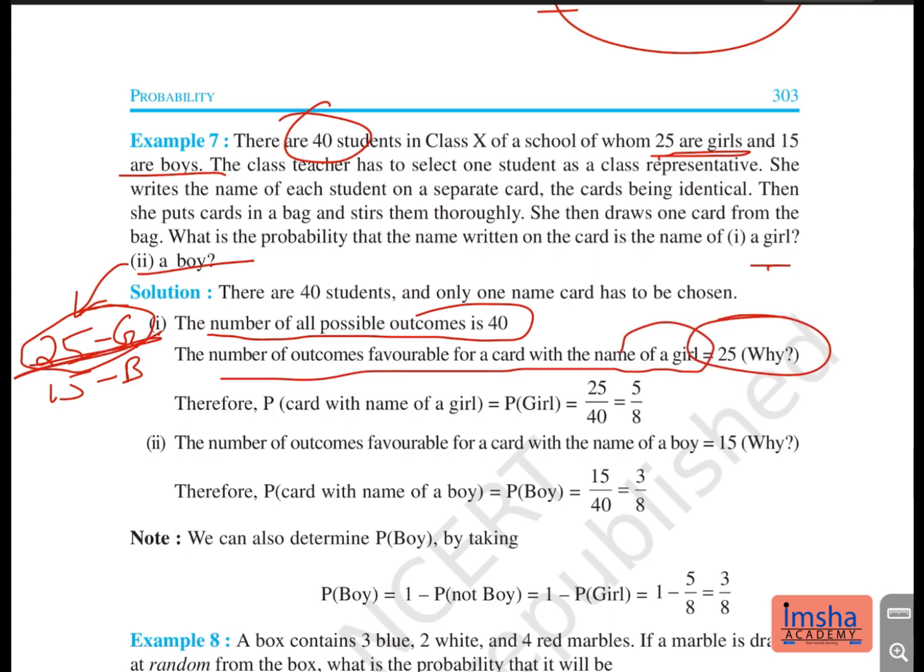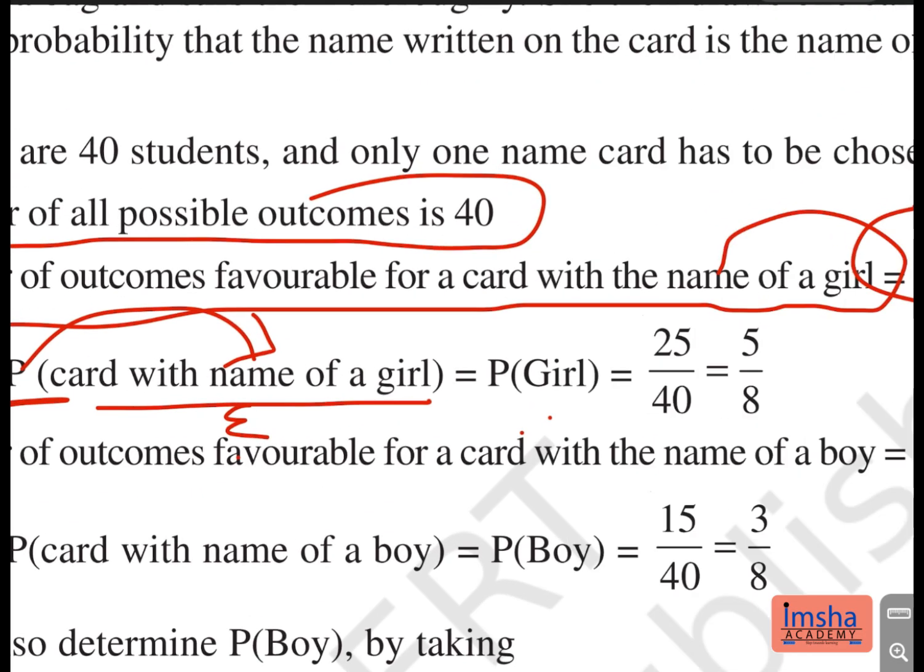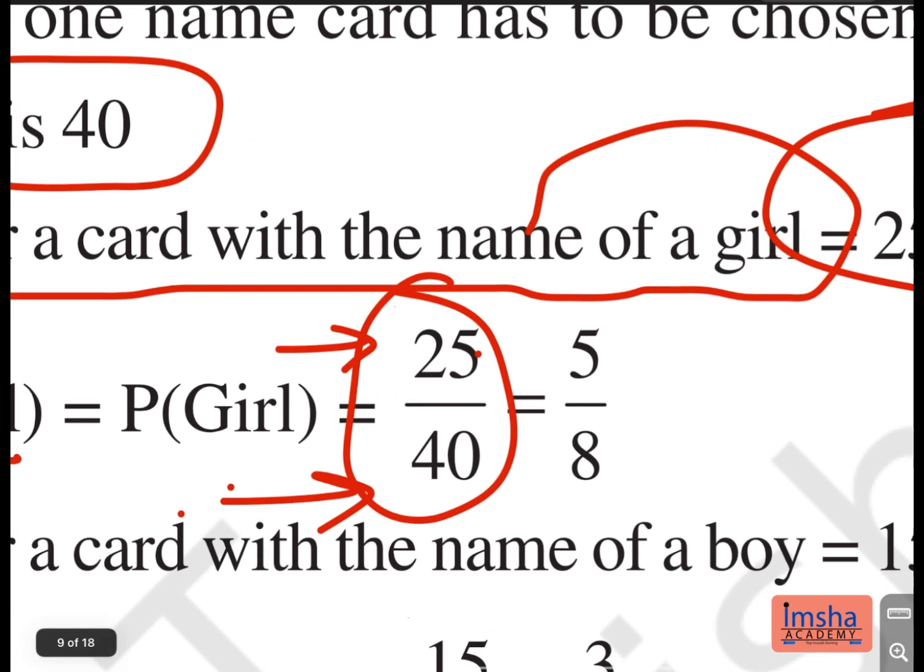Therefore P of the card with the name of a girl, that is event E. Card with the name of a girl is the event. So the probability of this event happening, P of girl, is equal to 25 by 40, as I said, because 25 girls and 40 total students are there.